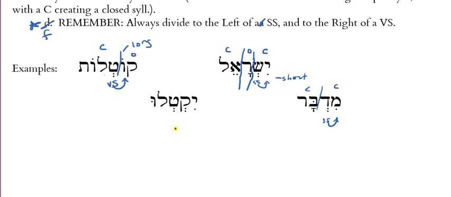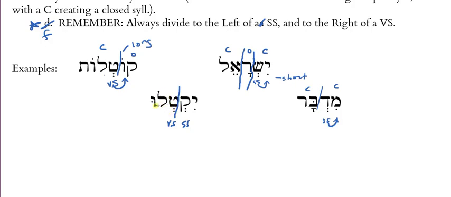Because when we have that situation, we determine that the first one is always silent, the second one is always vocal, and so if this kof has a silent shiva under it, I am going to divide to the left of it. Leave the consonant with the rest of its syllable because it's a closing consonant, belongs with that syllable structure. Yik. This consonant has a vocal shiva, so we're going to not divide it.